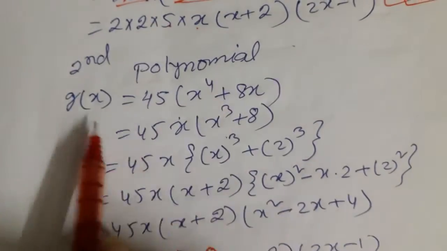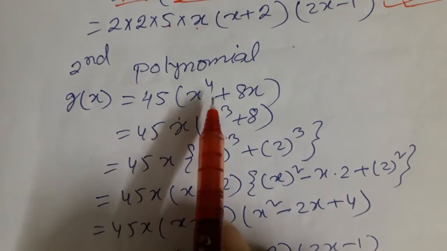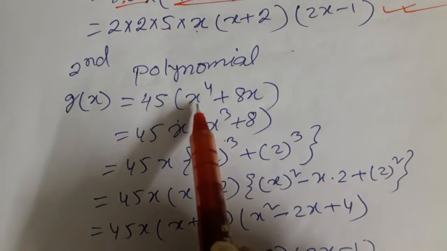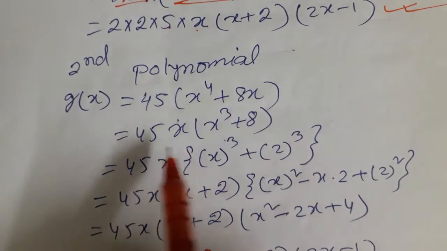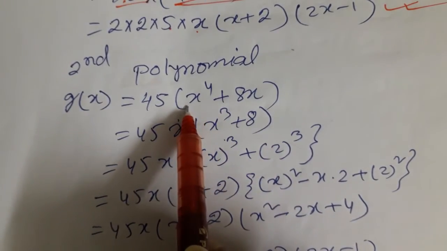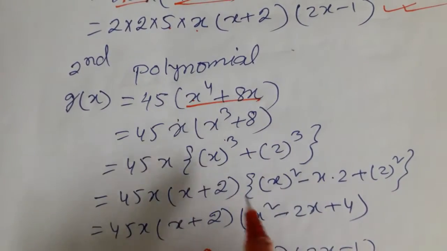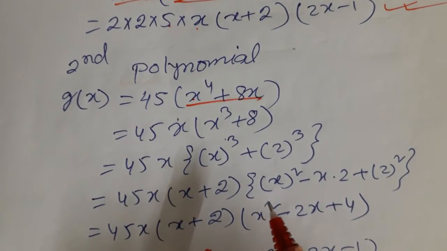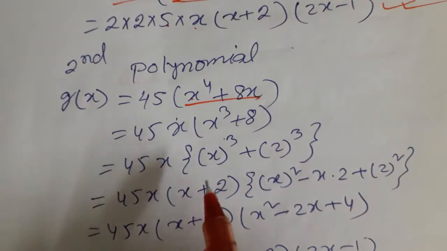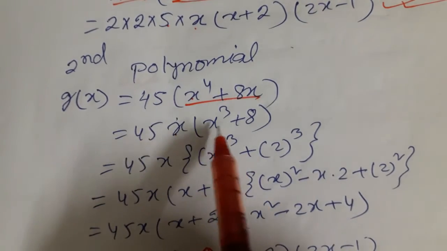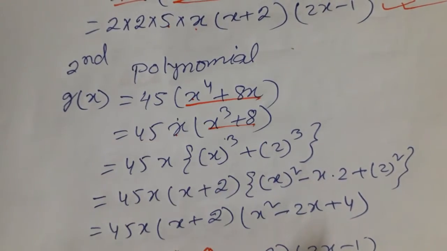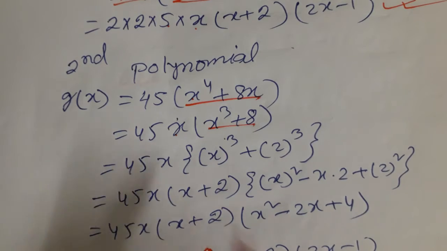Second polynomial g(x), 45 into x to the power 4 plus 8x. In this part both the terms have x, so we can take a common x, then it becomes x cube plus 8.